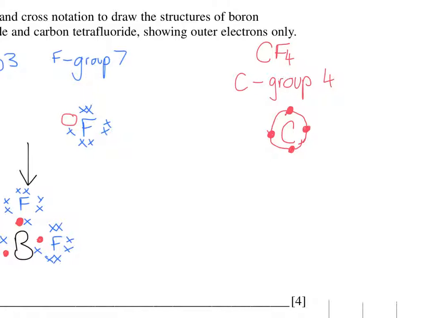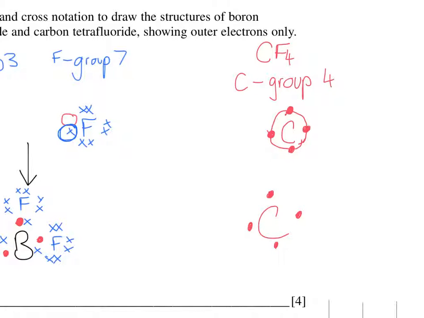But again, it will do the same as boron trifluoride. Each of the carbon's electrons is unpaired, and so it can pair up with the unpaired electron of fluorine that we can see here. Okay, so carbon tetrafluoride, if we draw our carbon first of all with its 4 outer electrons.